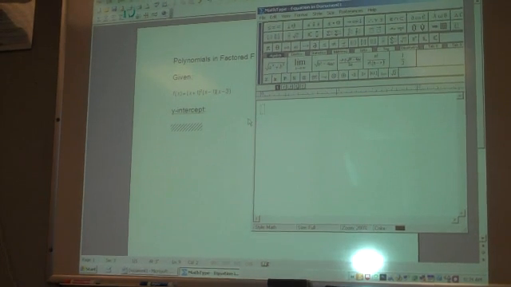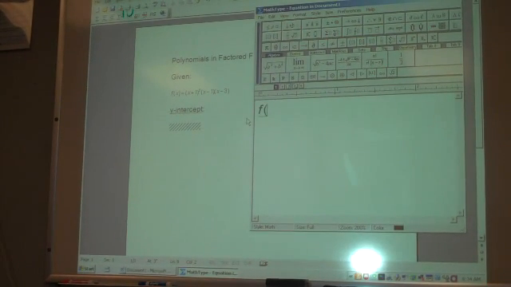Let's see what will happen. The y-intercept by definition is f of 0, right? So you put 0 in for every x. So you've got 0 plus 1 squared, 0 minus 1 times 0 minus 3.